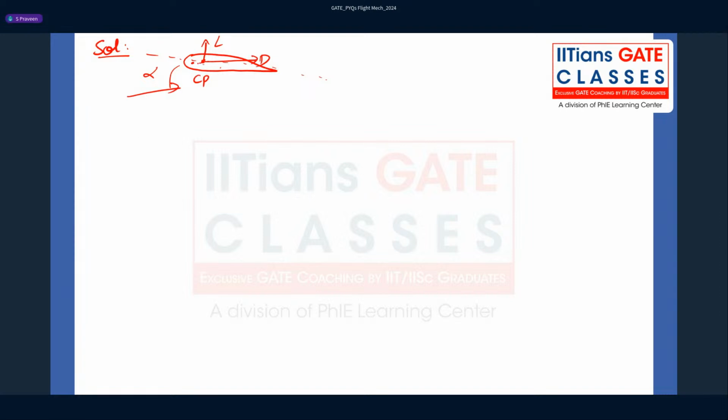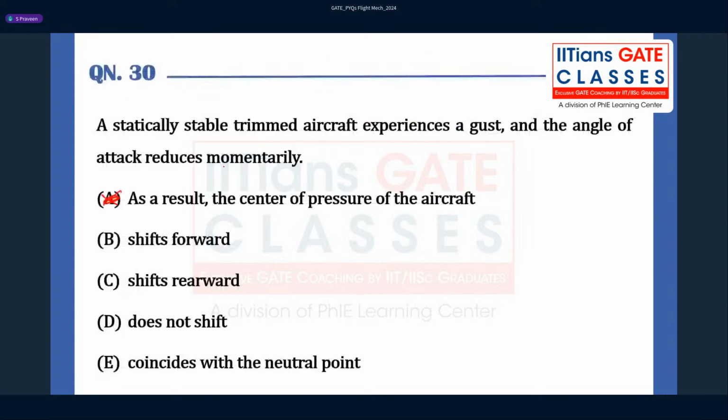This is from the thin airfoil theory. So when the angle of attack decreases momentarily, your CP has to move forward. It shifts forward. That is the thing to remember.